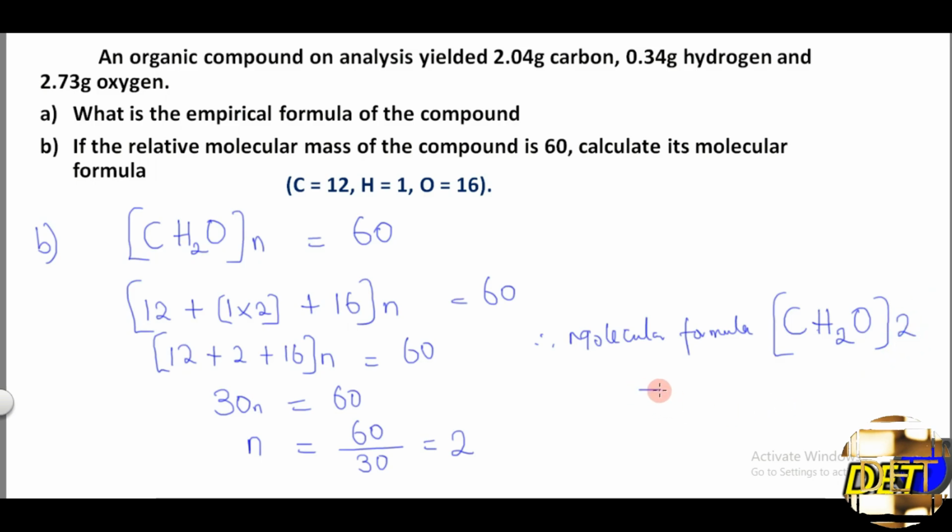That will be 2 times carbon, which gives me C2. 2 times 2 here will give me 4, so that will give me H4. And then 2 times oxygen here will give me O2. So C2H4O2 is my molecular formula for this compound.